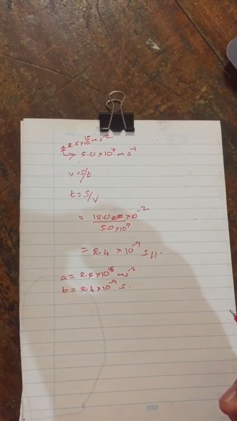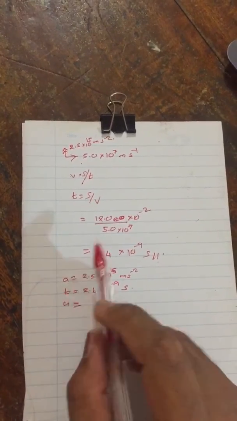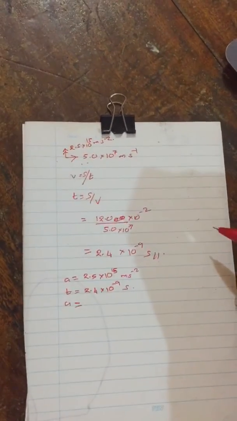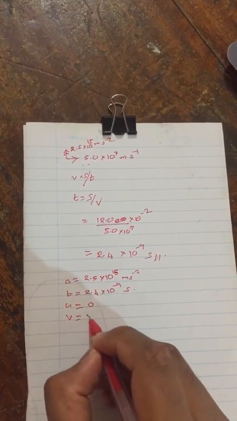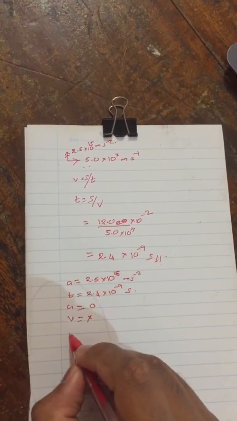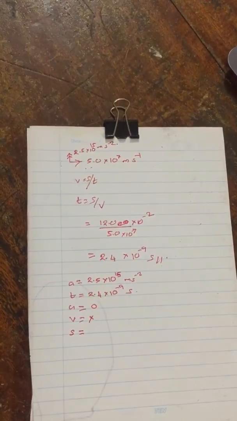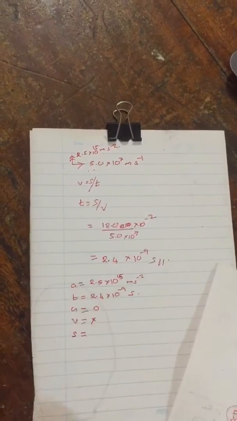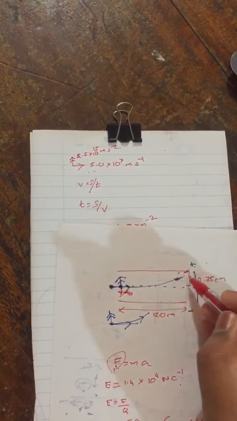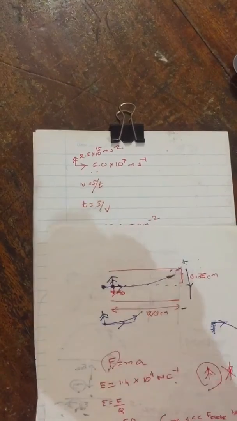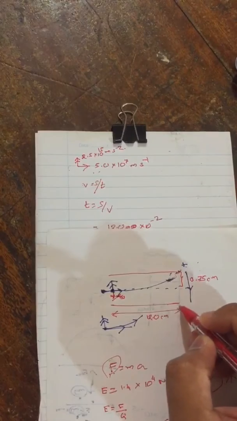Other than that, we know that there is an initial velocity, but that initial velocity is horizontal. Vertically, the initial velocity is 0. Vertically, the final velocity, we are not concerned. Okay, so how we can do this is, we know the time, we know the acceleration. First, let's try and calculate what is the vertical distance traveled by the electron when it reaches the end of the length.